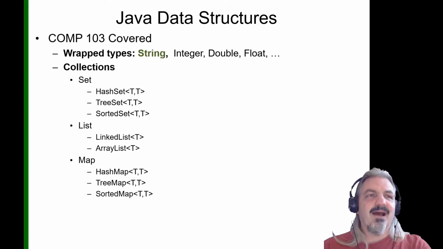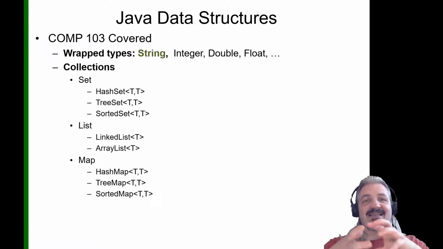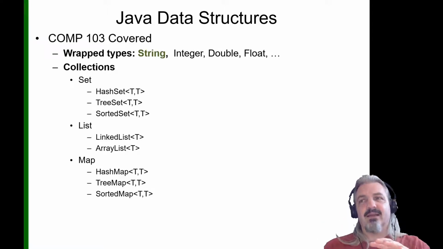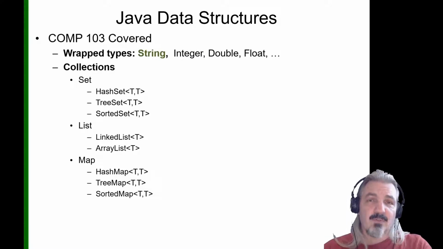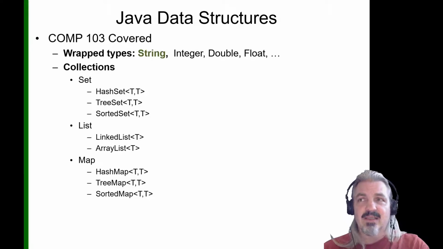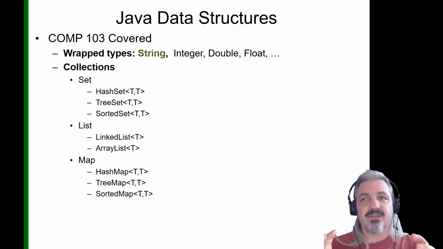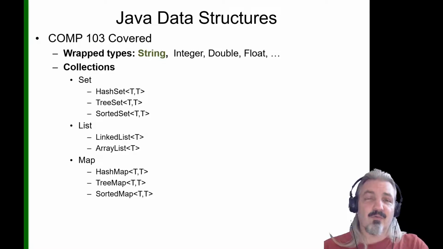Okay, so once you've got these data types, we start looking at the standard collections. Now, I know in 103 you've looked at sets and things like hash sets and tree sets and sorted sets. These are collections of data. For lists, we have a linked list type and an array list.